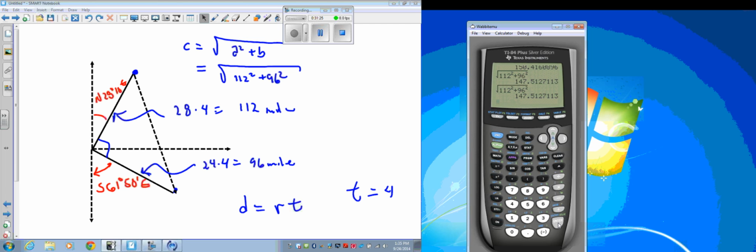So 147 should be our answer, right? Seven. That should be miles.